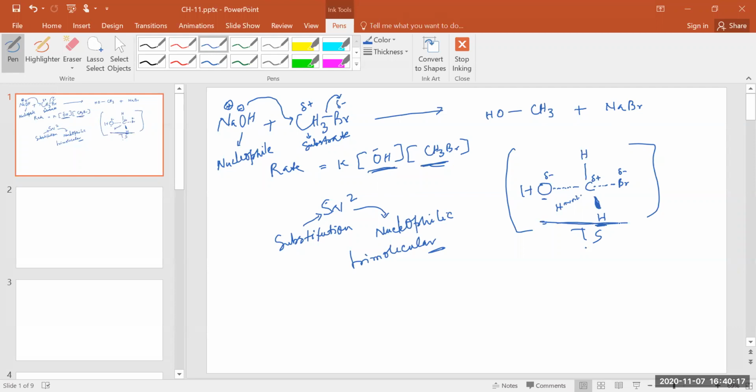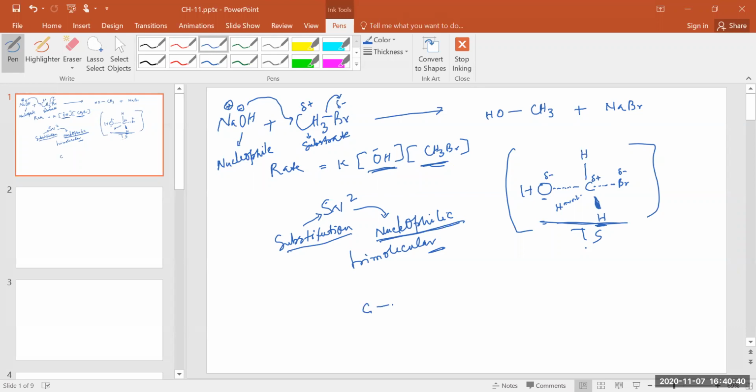That is the bimolecular part, and this is a substitution reaction started by the nucleophile. That's why this reaction is called nucleophilic substitution reaction.